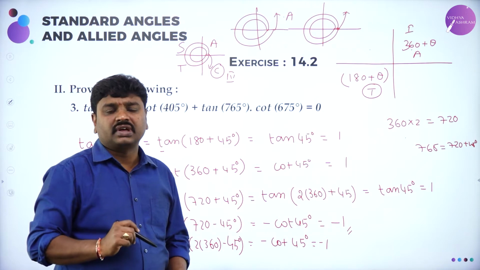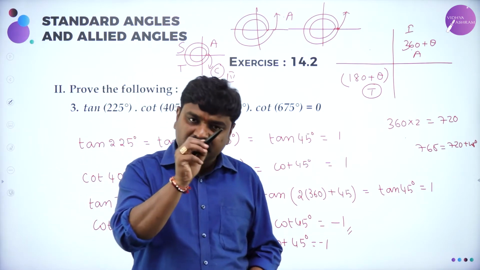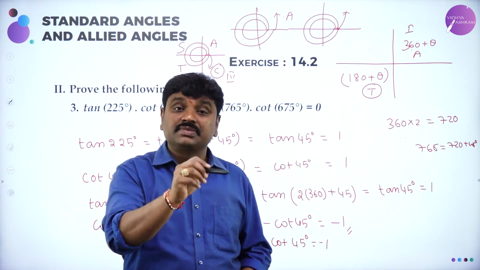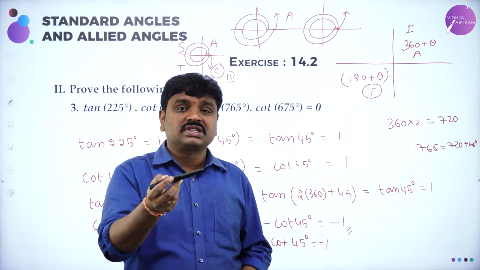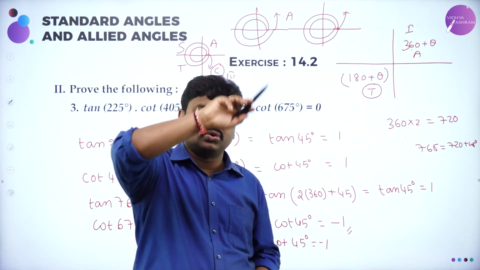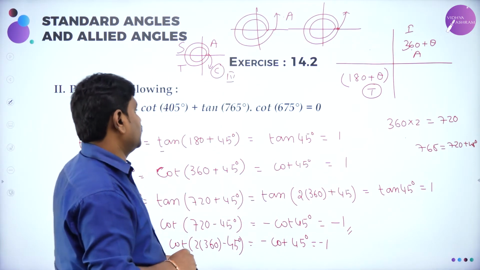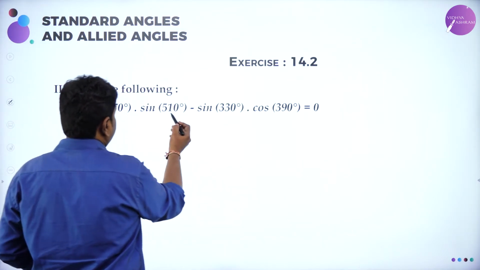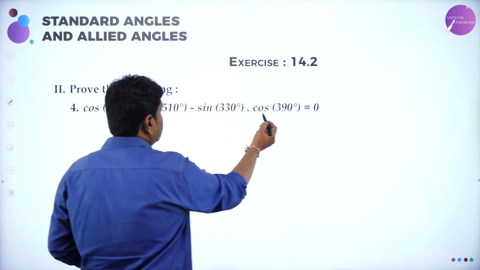So repeatedly we use allied angles. N times 360 plus theta, and the rules are the same as 360 plus theta. N times 360 minus theta means the rules are the same as 360 minus theta, which means you will go back. 360 plus means you will go to the first quadrant. The process continues like that. Now cos 570 into sin 510 minus sin 330 into cos 390.